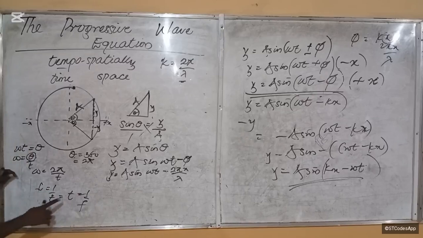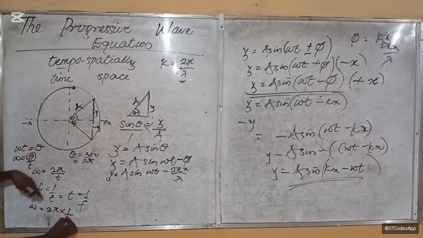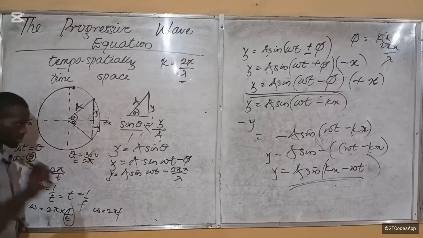So 1 over T is the same as f, and omega is 2π times 1 over T, so omega is equal to 2πf. Does that make sense?